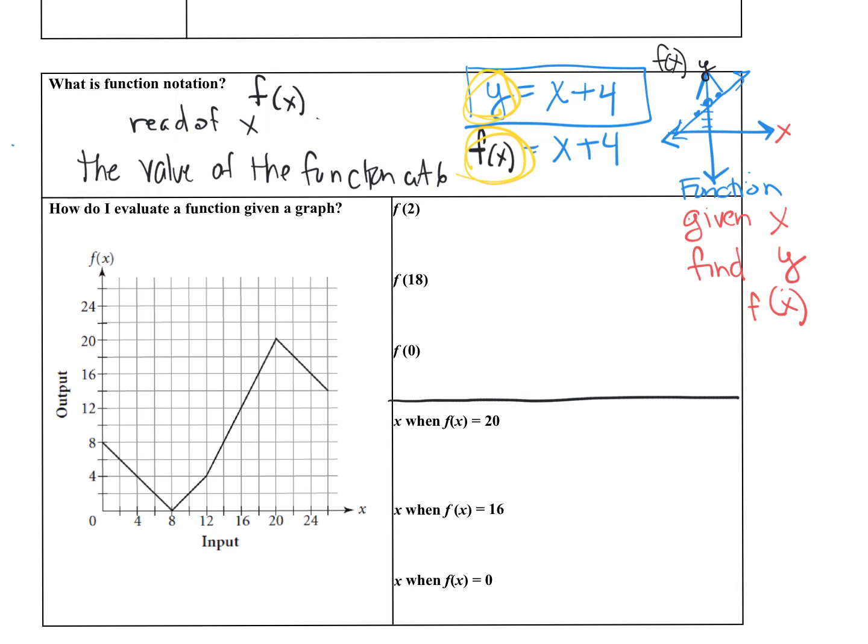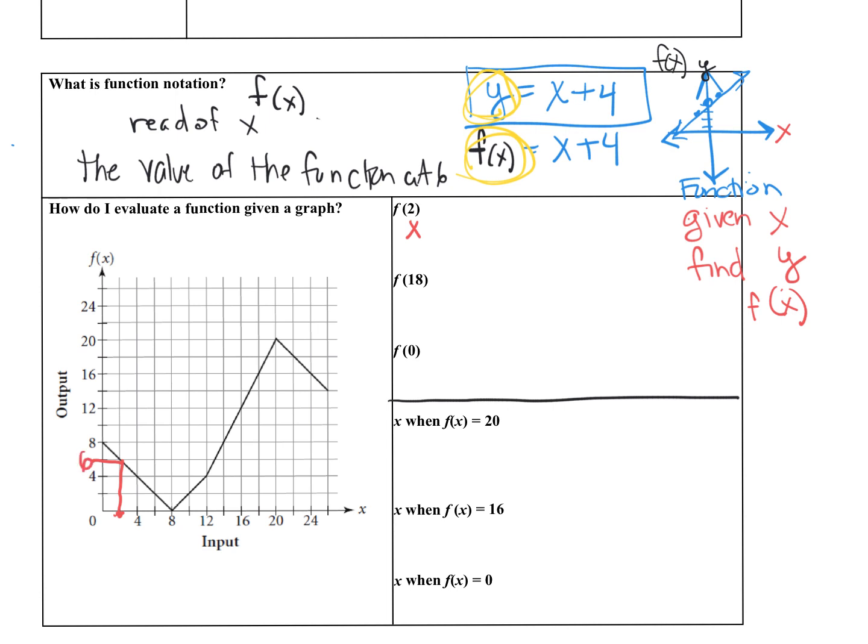Okay, so here we are told that x is equal to 2. So we are going to go on the graph to where x is equal to 2, right here. And then we are going to go up until we hit the graph. When we hit the graph, we're going to go over, and that's going to be our value of 6.